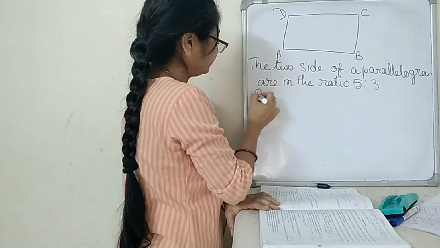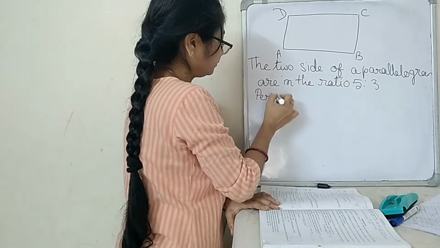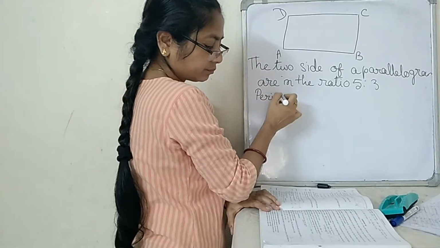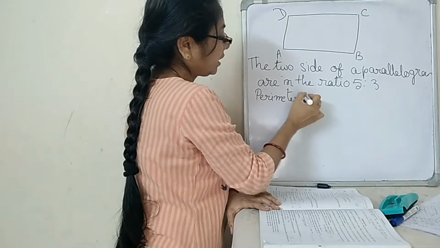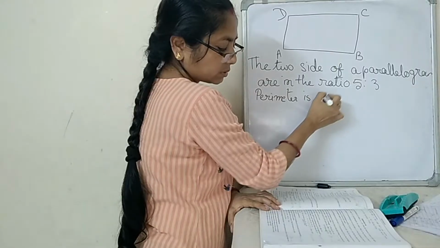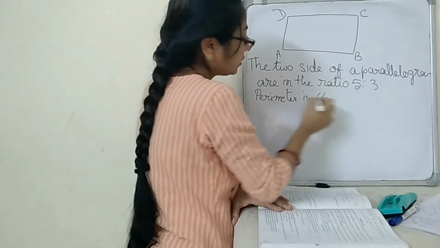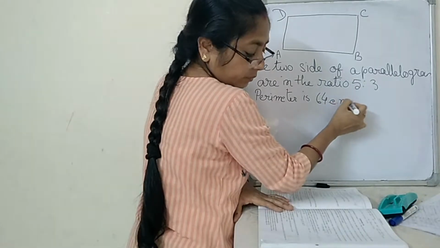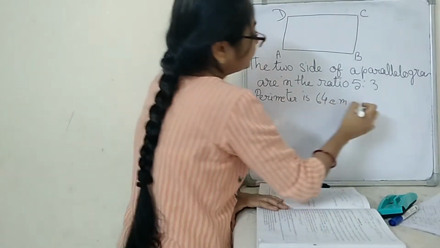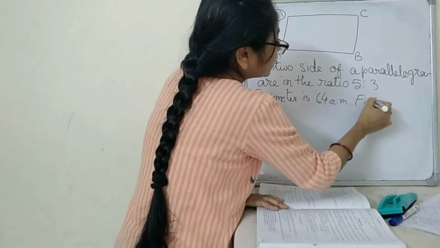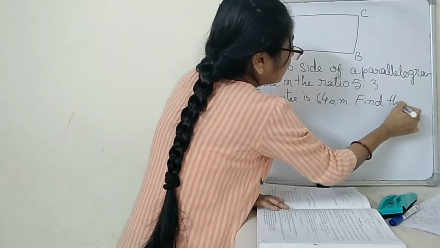Perimeter is 64 centimeter. Find the length.